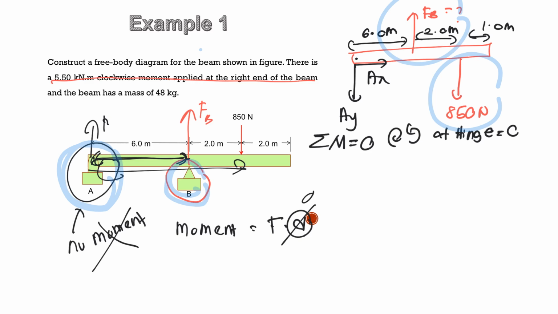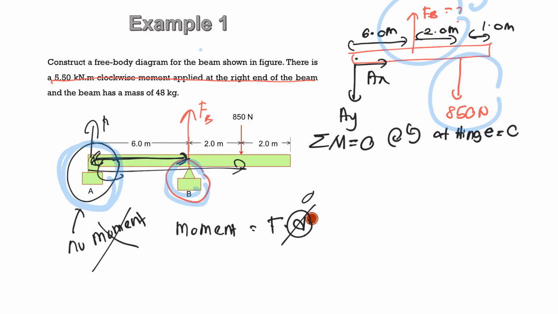So here we have one unknown, so you can actually use moment there. We focus only on clockwise and anti-clockwise. The 850 Newton is going to be a clockwise motion.